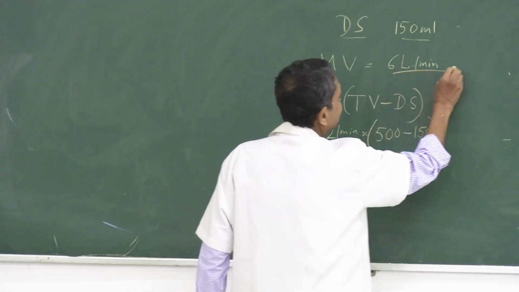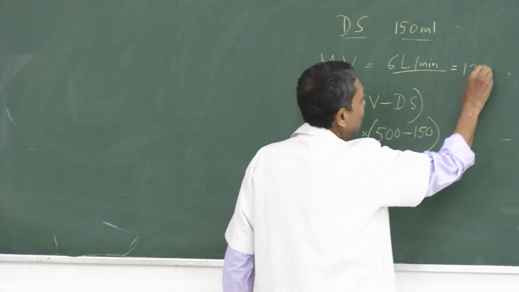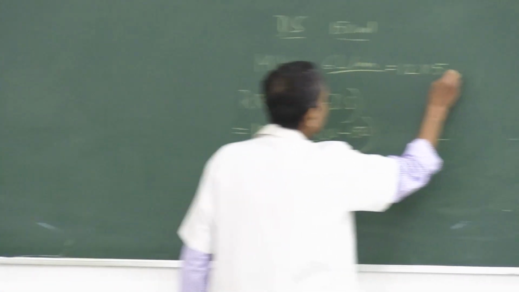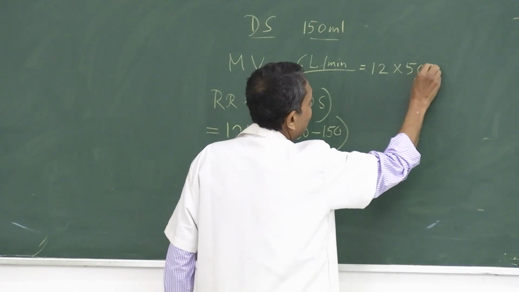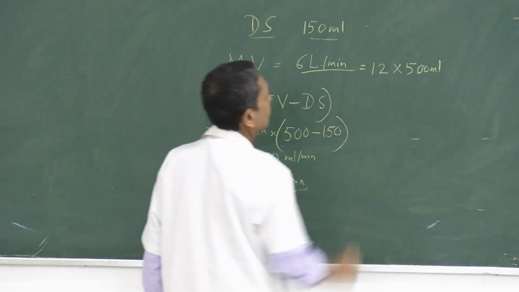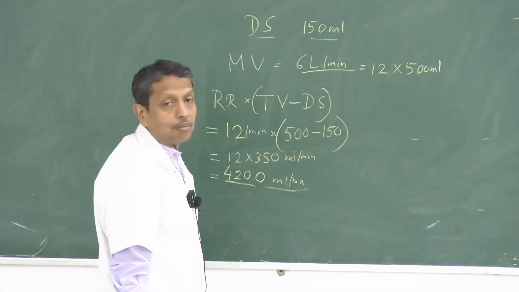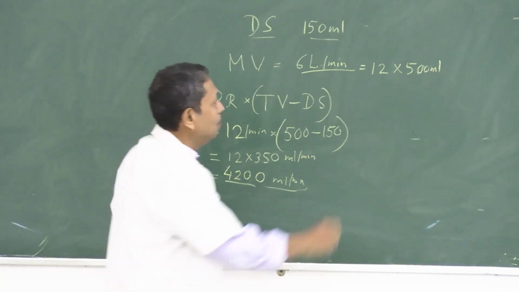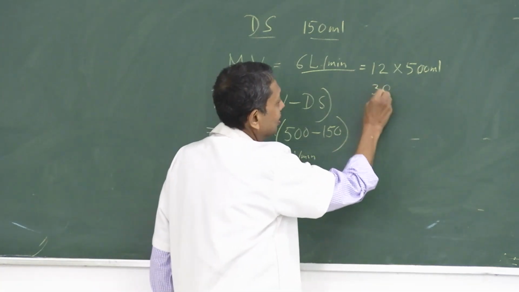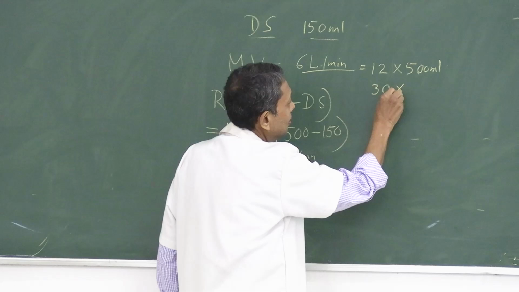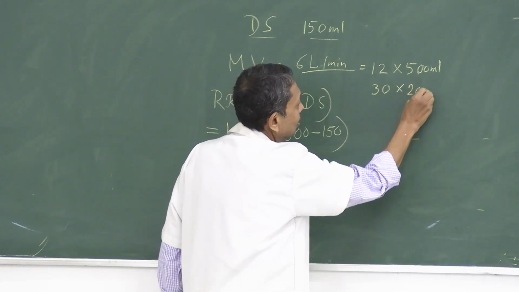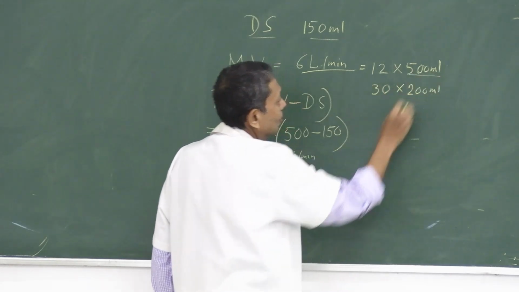6 liters per minute. Normally it is 12 into 500 ml. Suppose it is 30, then it is 200 ml tidal volume.